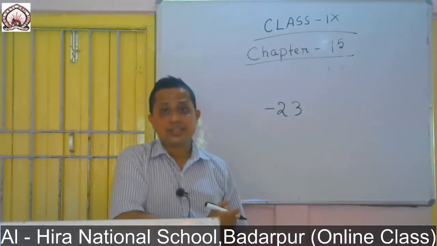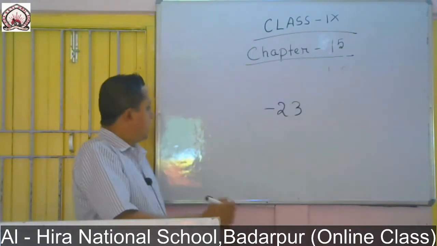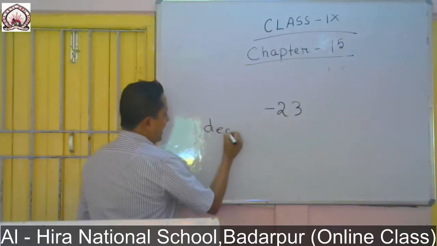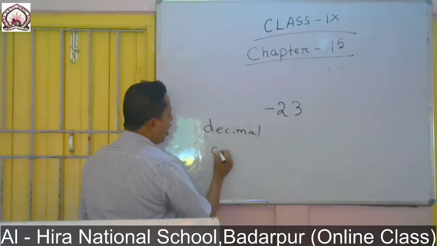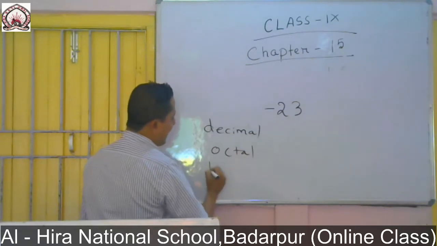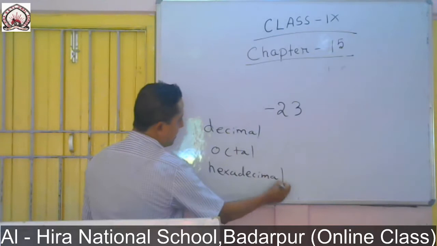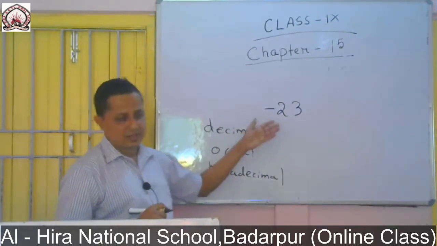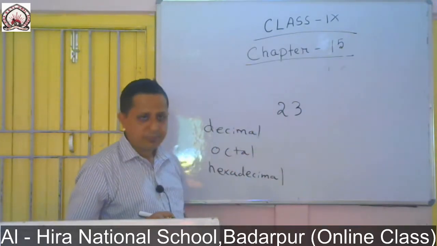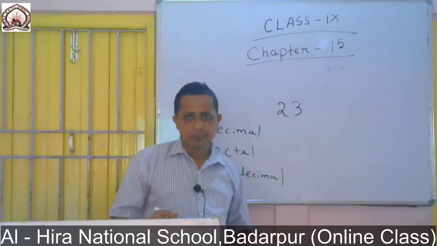Now integer constants are of 3 types. They are decimal, octal and hexadecimal. Decimal numbers are any numbers, like 23 is a decimal number, minus 23 is a decimal number.